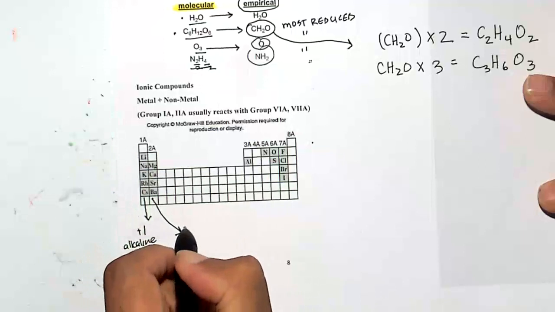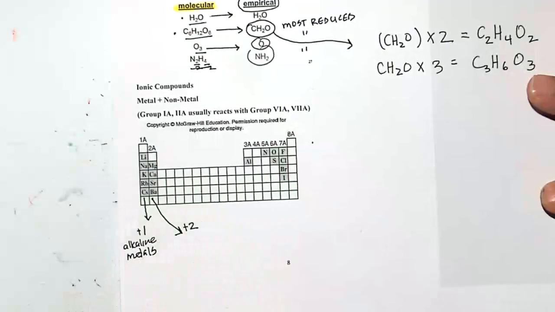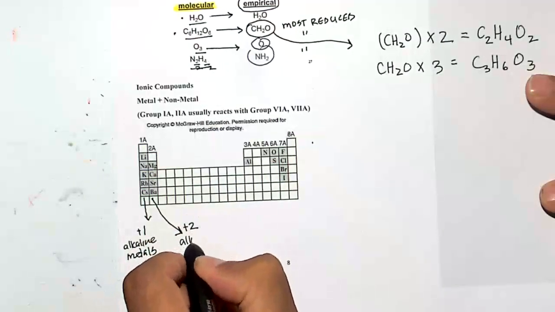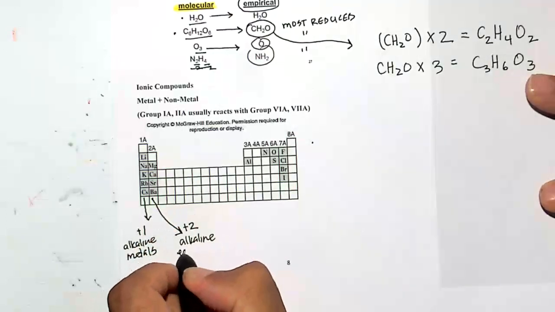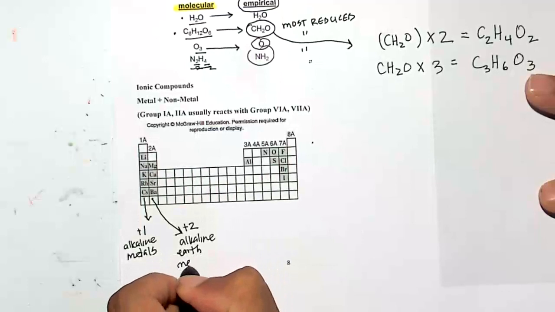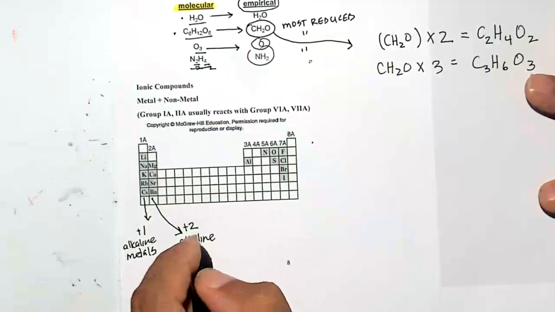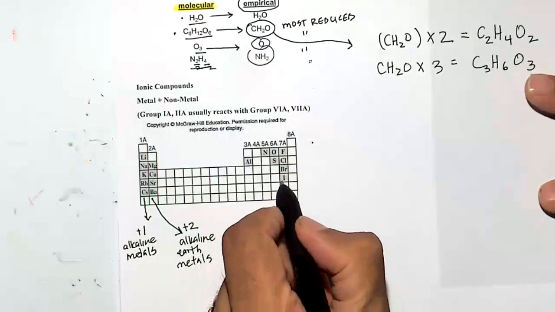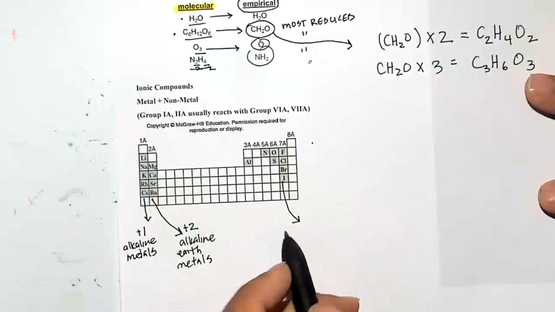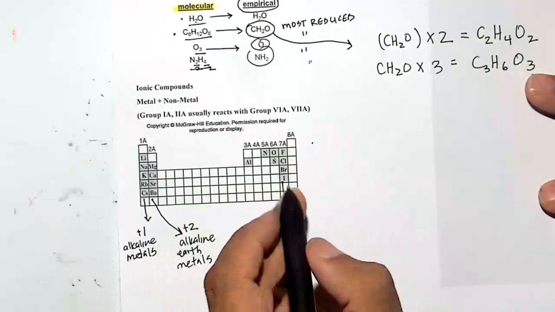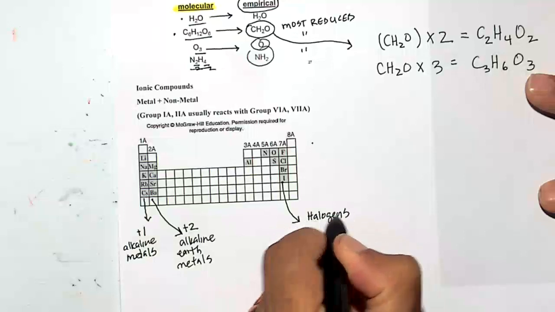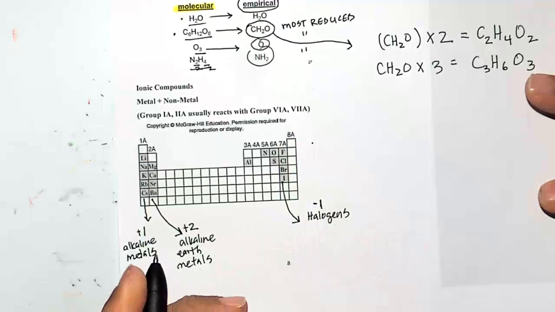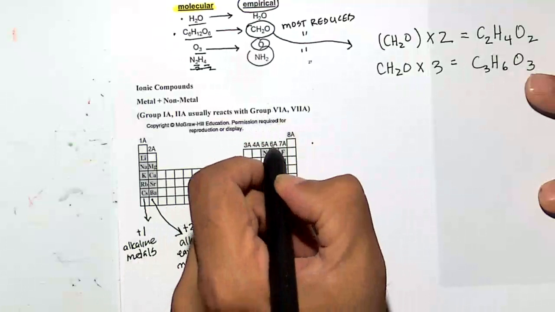Okay, what about group 2? And what charge would they like to be? Okay, so again, another good test question for next Thursday. Okay, what would group 7A be? Halogens. And what charge would they like to be? -1. Okay.